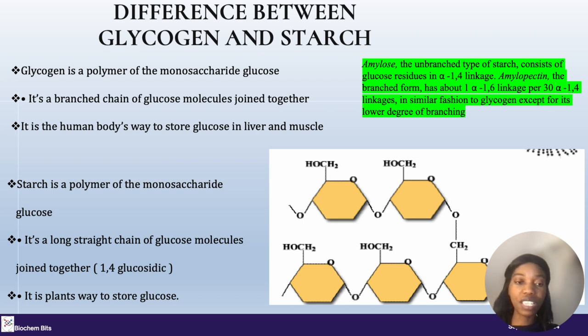But glycogen is more branched and it is found in animals, so much more tightly packed. Amylopectin has the 1,6 linkage at about every 30 units of alpha 1,4 glycosidic linkage.